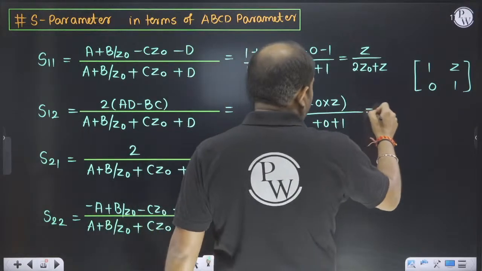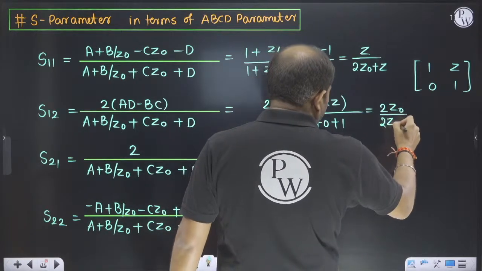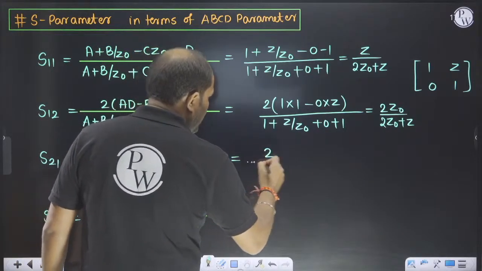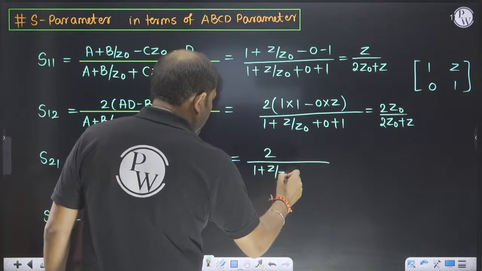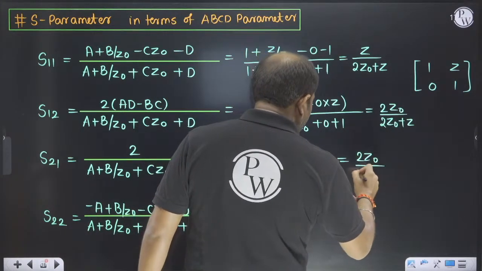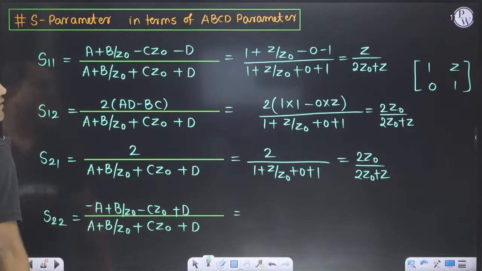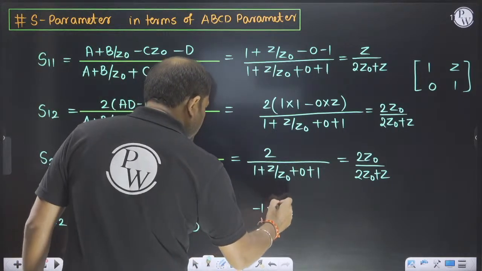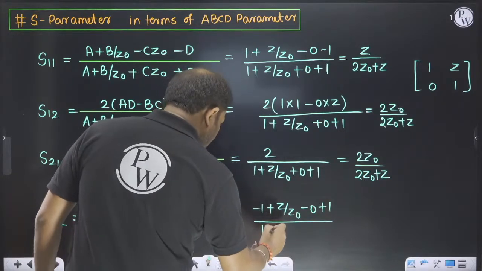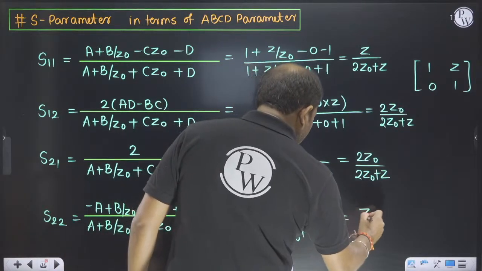So you will get 2Z0 upon 2Z0 plus Z. Then for the next one, 1 plus Z by Z0 plus 0 plus 1, you get 2Z0 upon 2Z0 plus Z. And the last one: A is minus 1, so minus 1 plus Z by Z0, C is 0, D is 1, divided by 1 plus Z by Z0 plus 0 plus 1, so it will be Z by 2Z0 plus Z.